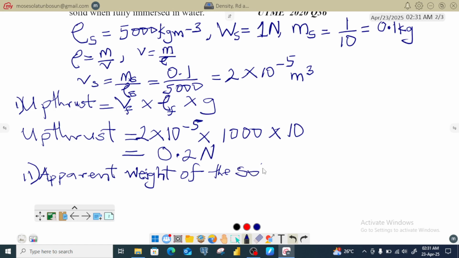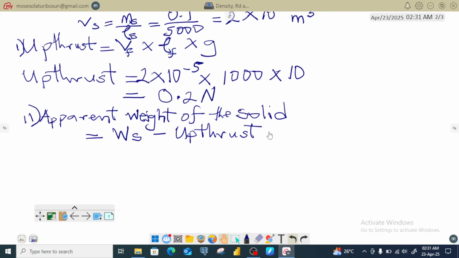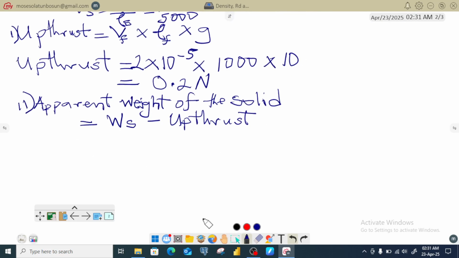And we can easily calculate that as long as we know the weight initially measured in air, which is WS, and we know what our upthrust is. We can subtract our upthrust from the weight measured in air, and we are going to have the apparent weight, and that will be 1 minus 0.2, and this will be equal to 0.8 Newton. That's also the answer to the question.